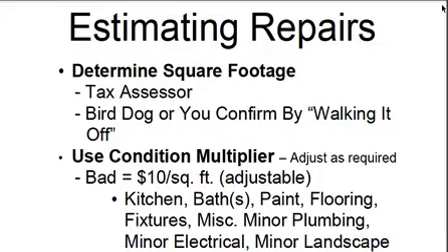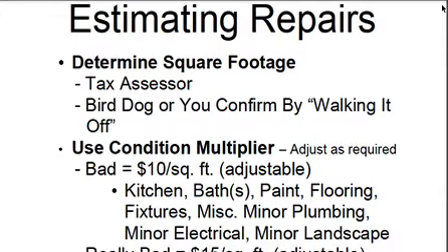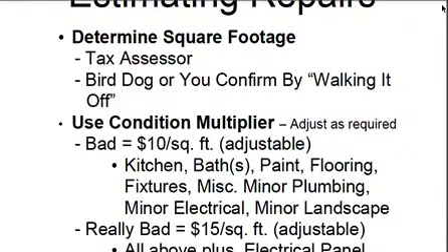However, I will caution you that being conservative and overestimating repairs to cover the what-ifs does have a point of diminishing return. You can be so conservative on your repair estimates that you price yourself out of the market. How does that happen? Let me jump ahead a little and we'll get to this again. We've already talked about determining after repair value.